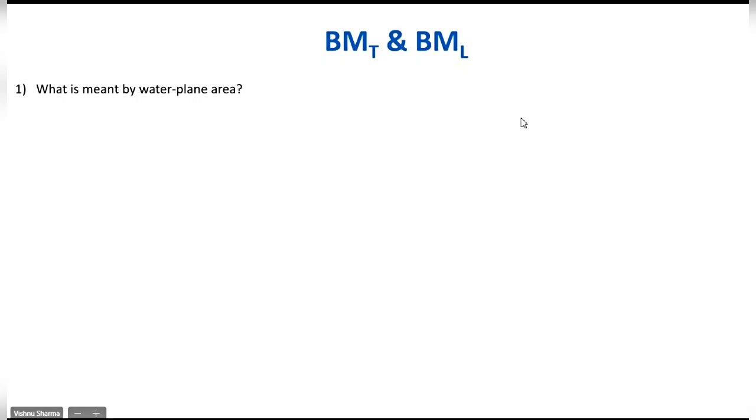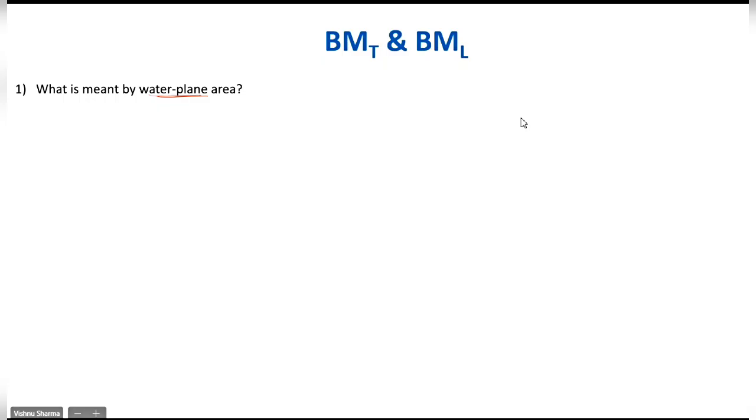By water plane area, we mean at the water line at which the ship is floating, at whatever draft the ship is floating, how much area at the sea surface is occupied by the ship's hull? The area occupied by the ship's hull at the sea surface is your water plane area at that draft.